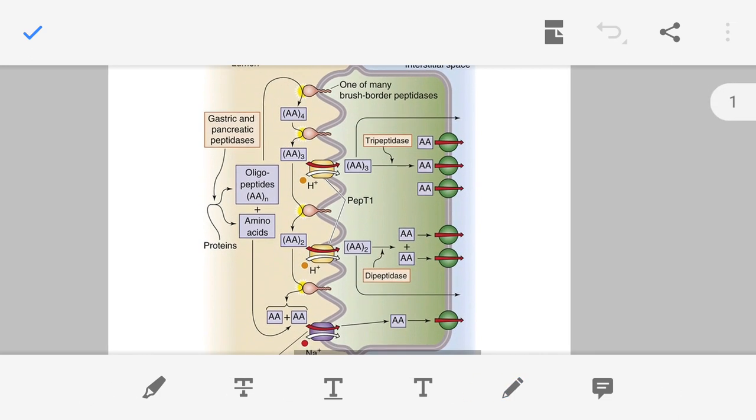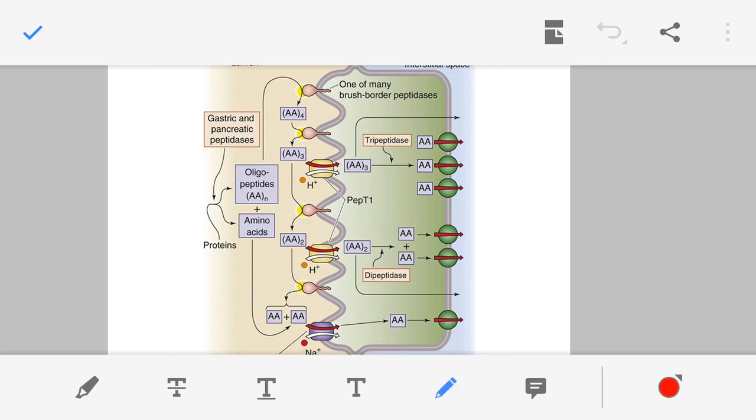Now absorption of protein, what is the meaning of this and what is the mechanism? Here this cell is the enterocyte cell of the small intestine. Here this blue colored space is the interstitial space, and here this is the blood capillary, and in the capillary there is blood.